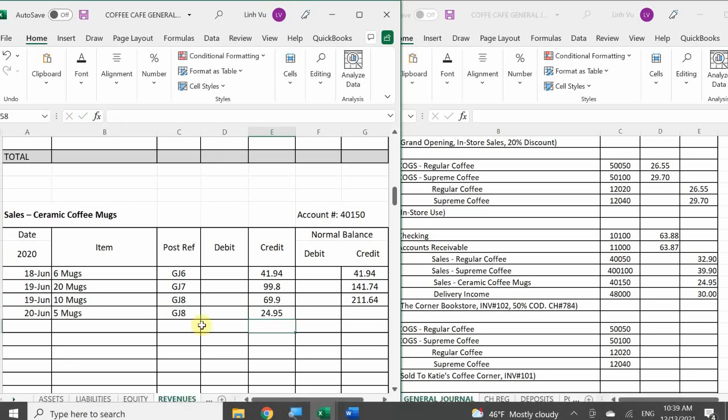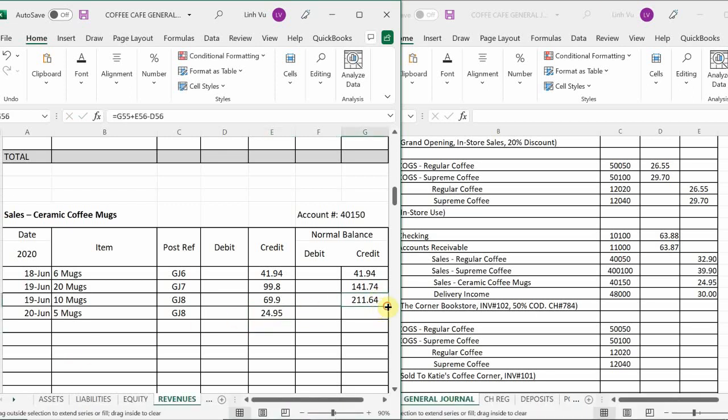Bringing my account balance to be 166.69. You subtracted? No, I forgot to do the June 19th, the last June 19th, 10 mugs. Oh, okay. Yeah, it's 236 at the max.